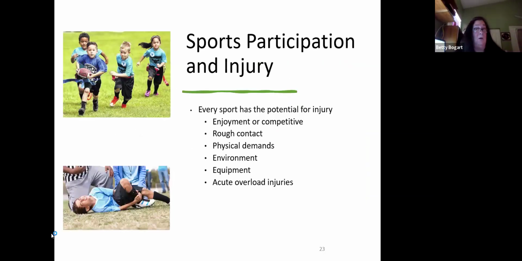So again, pretty cool. So, sports participation. Kids love competition. They love it, and they'll do anything to win. If you've ever watched them, my 8-year-old grandson, oh, that kid will do anything to win a game. He's like the biggest competitor. He doesn't care if it's rough, the physical demands.